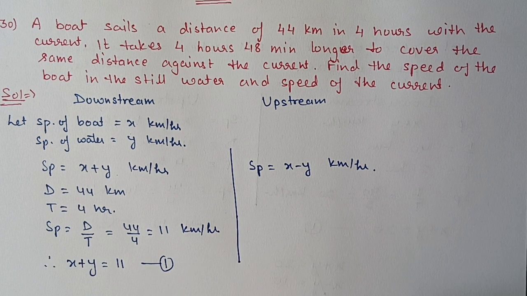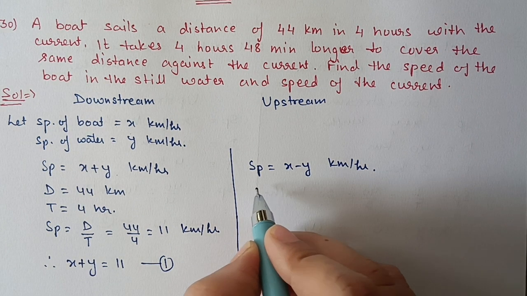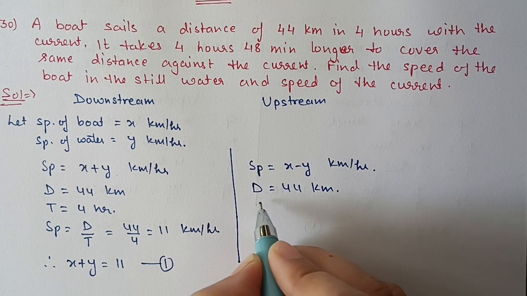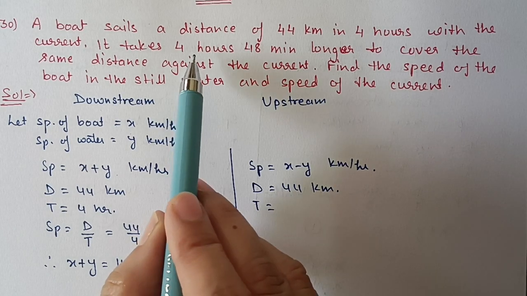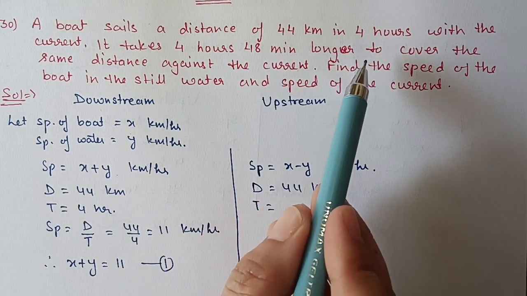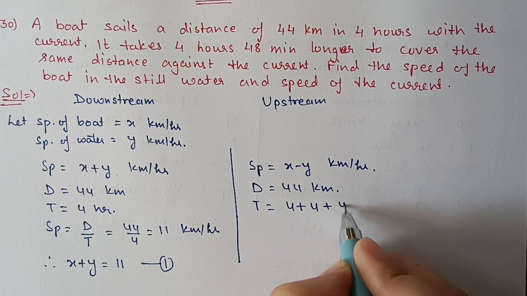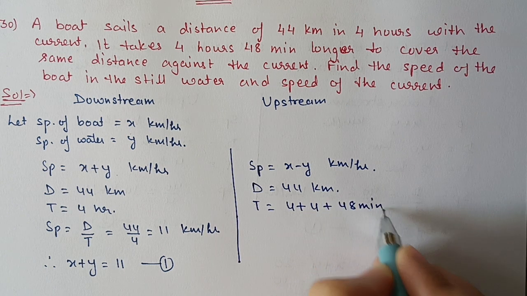This is our first equation. Now the second equation. For the second condition, the distance is the same, 44 kilometer, but now the time it is taking is 4 hours 48 minutes longer, meaning 4 plus 4 hours and 48 minutes.